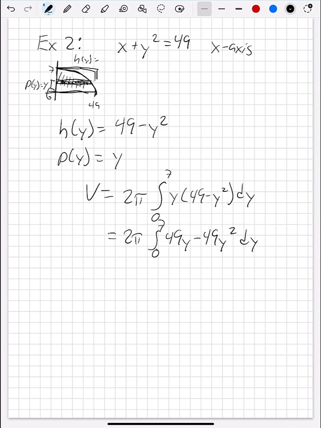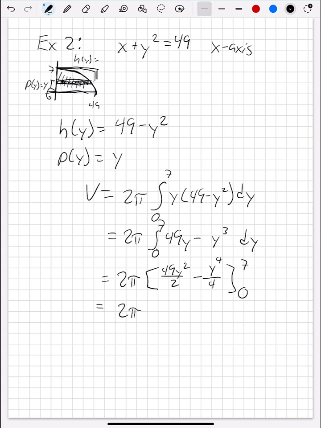Do the integration part, and I get 2 pi times 49y squared over 2 minus y to the 4th over 4 from 0 to 7.